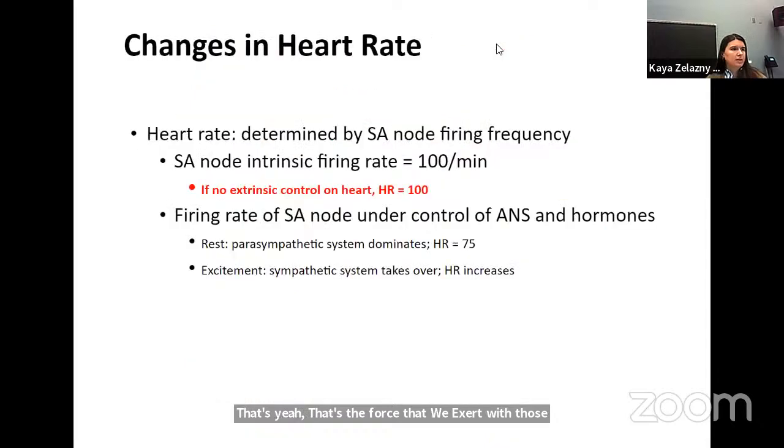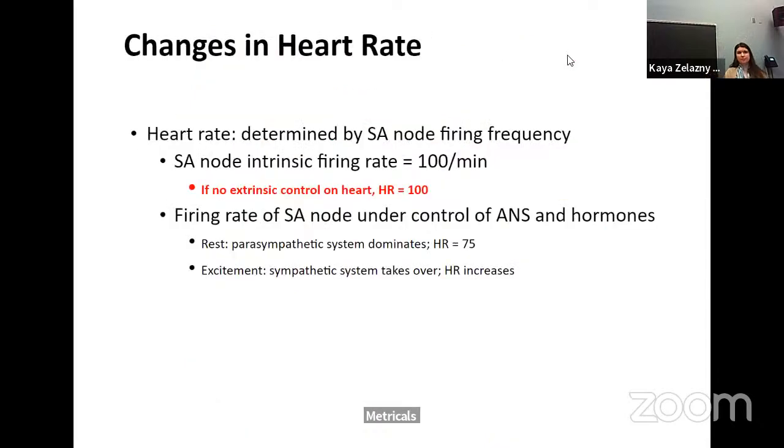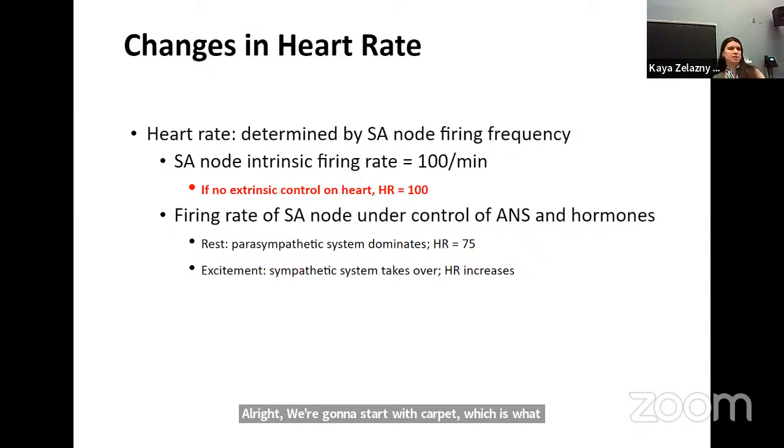All right, so we're going to start with heart rate, which is what both of our sympathetics and parasympathetics can affect, but not only those two factors. Okay. So the heart rate is usually and always under normal conditions going to be determined by how frequently that sinoatrial node fires.